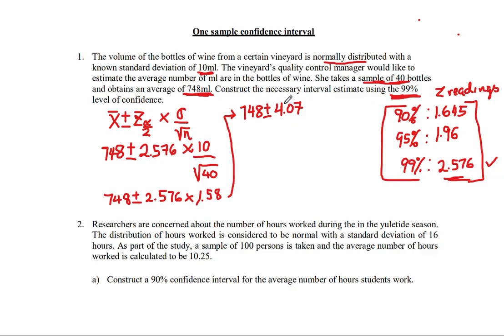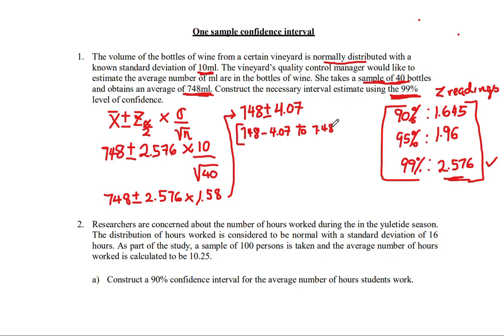This 748 plus or minus 4.07 means that I will find the lower limit of this interval by subtracting 4.07. That's how I will find the lower limit of the interval. So I'll say 748 take away 4.07, and to get the upper limit, I will add 4.07.